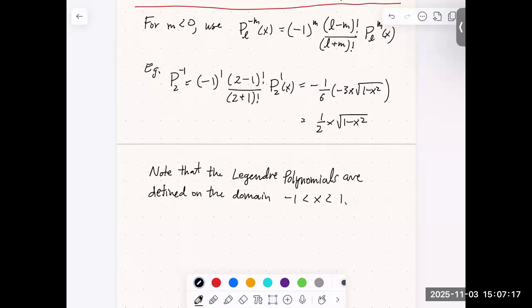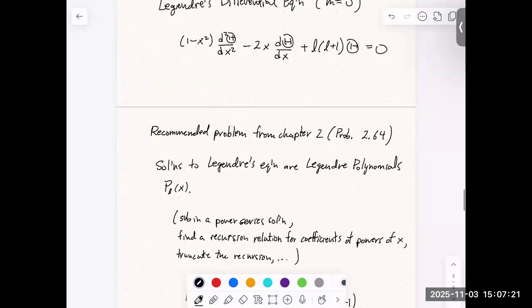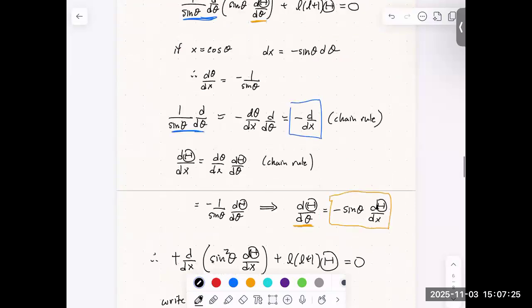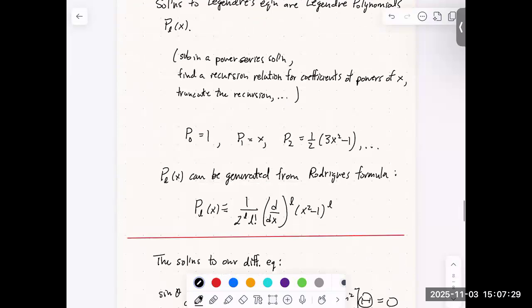In fact, you could see if we go back and look at some of these Legendre polynomials, where are they? Did we write some down? Yep, here they are. 1, 1, and 3x squared minus 1. So if I put in x equals 1 or -1, I get 1 and -1.